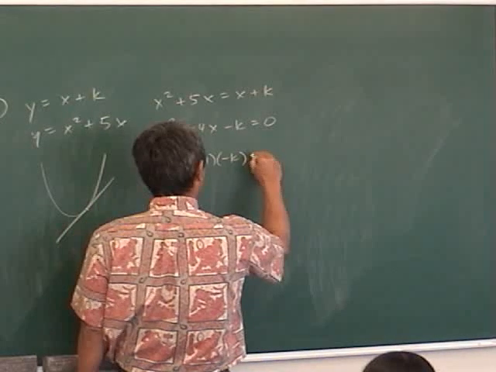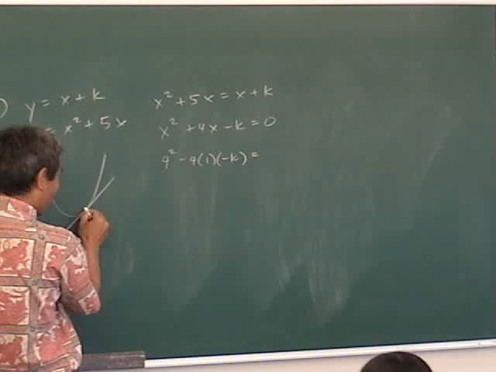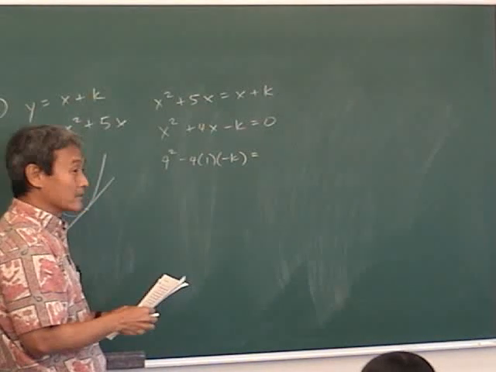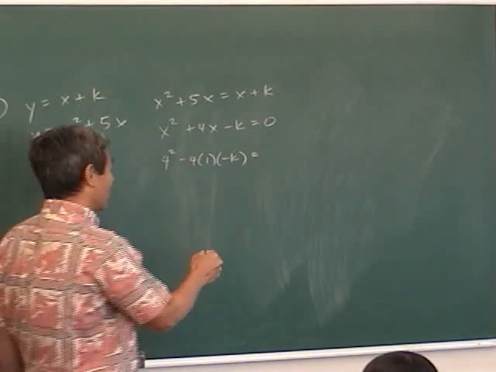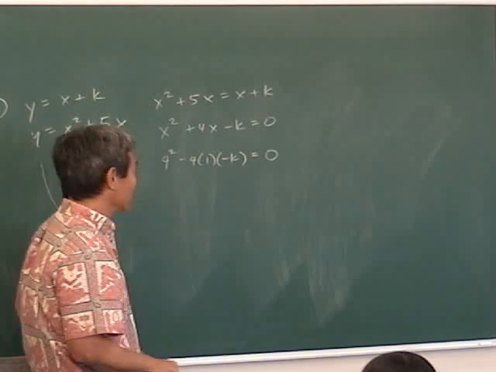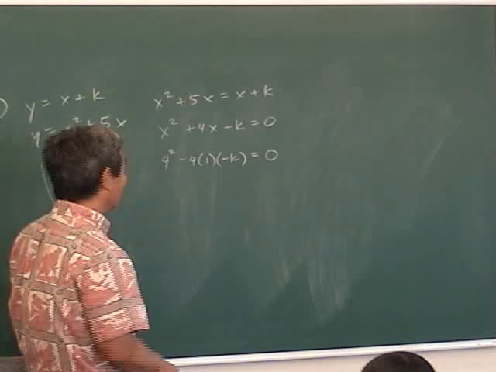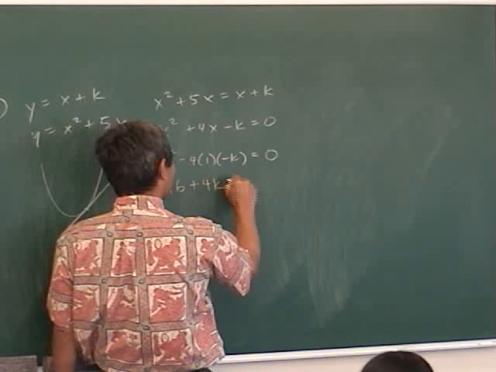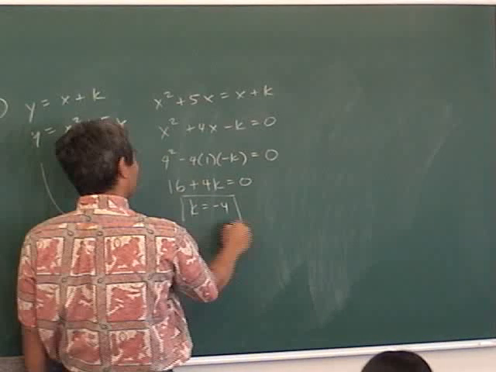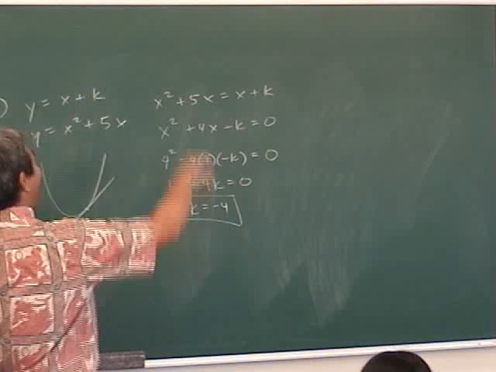And look, if there's only going to be one point of intersection, one solution, the discriminant has to equal 0. So you set the discriminant equal to 0. That's all you have to do. And then solve for k. 16 plus 4k equals 0. K equals -4. Problem done. Done and done.